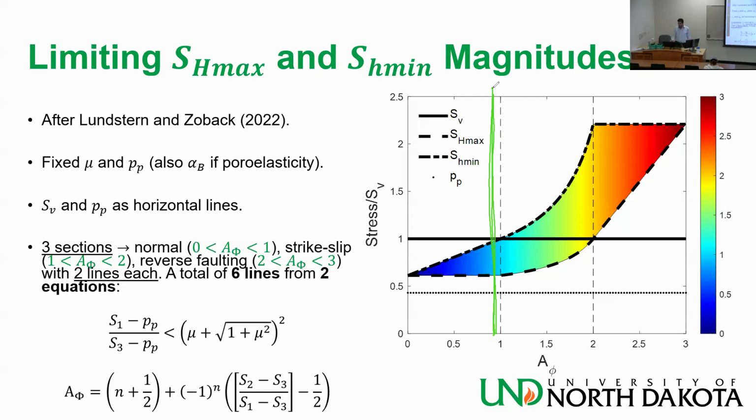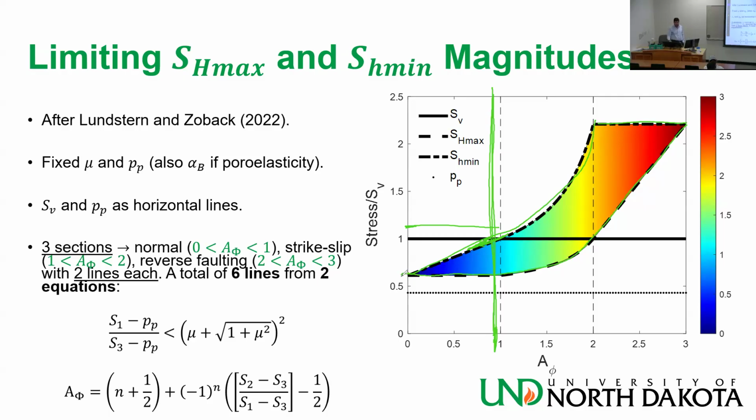Basically we can say, okay, for this alpha phi here, what is my actual SH max? If the SH max is somewhere here, I'm above the limit, so I will have slippage. Or what is my SH mean? This plot is for those two lines, the limit for SH max and SH mean.